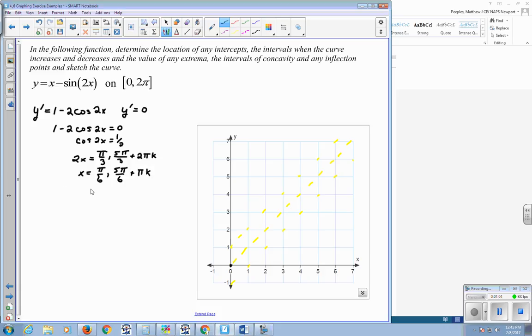And so to find the actual fixed solutions on the interval from 0 to 2 pi, let's go ahead and substitute in for k. If k is equal to 0, easily enough, we find pi over 6 would be such an angle, and 5 pi over 6 would be such an angle. But then we have pi added to that, so 7 pi over 6 is another such angle. But so is 5 pi over 6 plus pi, which is 11 pi over 6.